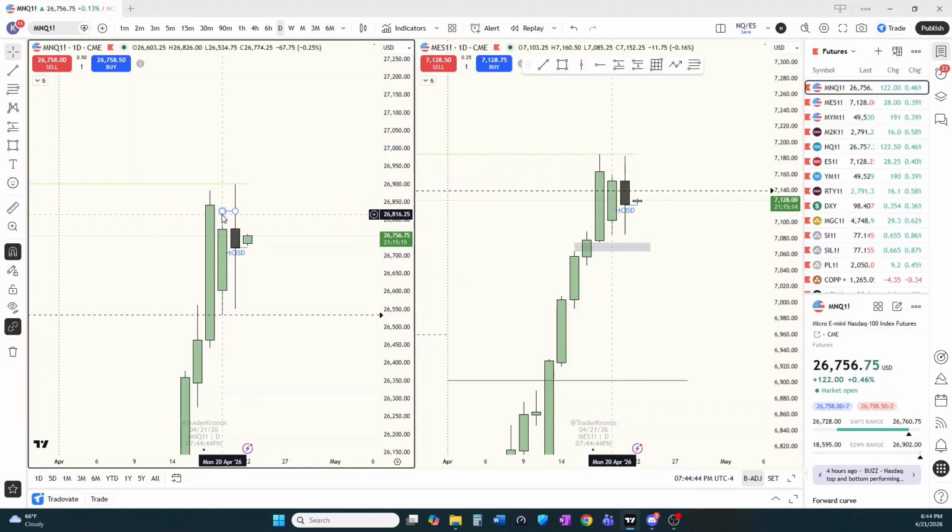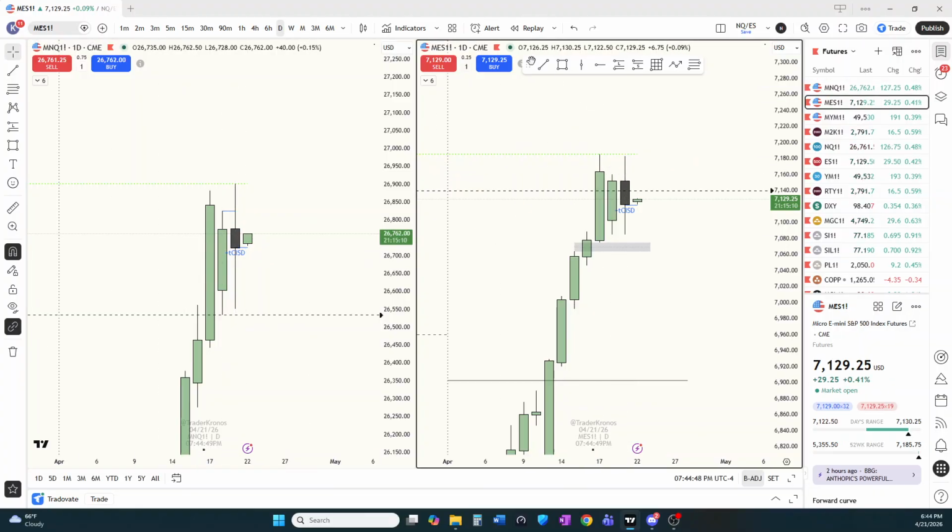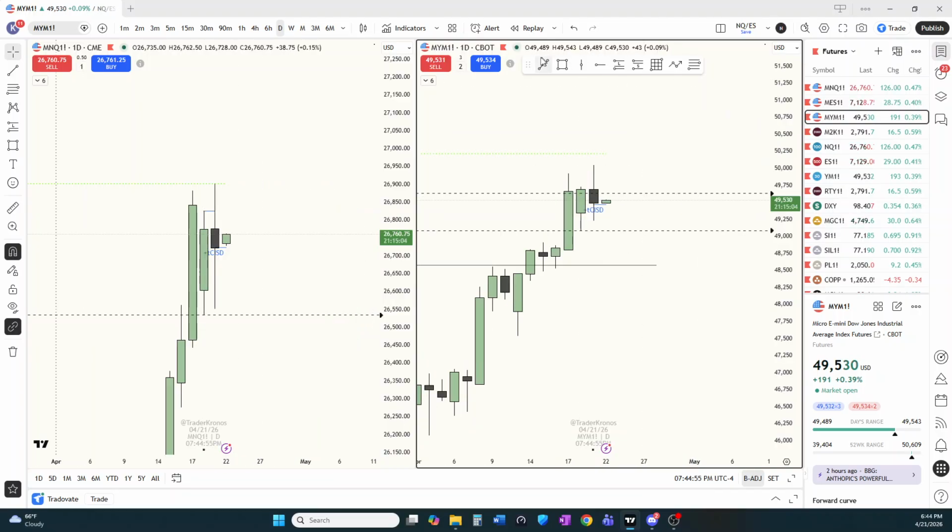We've taken the previous day high and we close back in the range. Done the same thing on ES. We've come up, taken prior day high, close back in the range. I'll look at YM. Taken previous day high, close back in the range, right? So already, just from a mechanical standpoint, I've got a bearish bias coming into Wednesday.